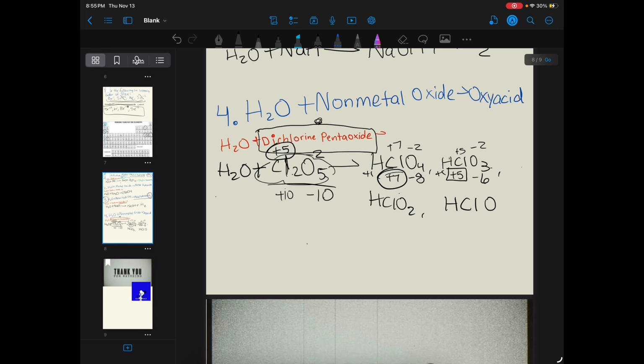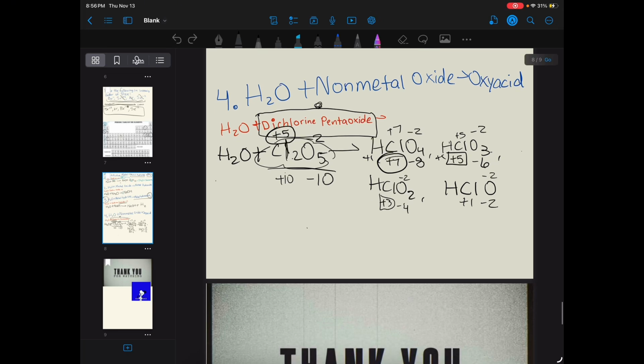So for ClO2, it's minus 2 times 2, minus 4. This would be plus 3, again, because the charge would be minus 1. And then for HClO, similarly minus 2, and then that would mean that this has to be plus 1, because the charge, again, would be minus 1.